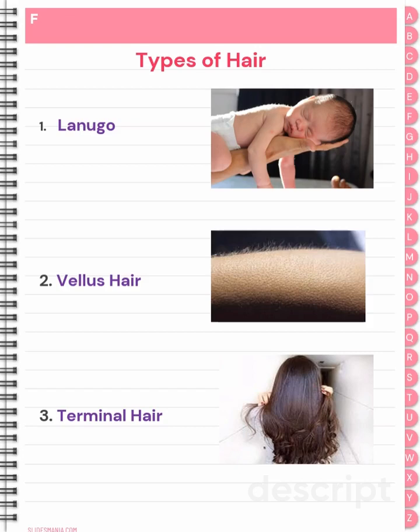It covers most of the body during childhood. Next is terminal hair. It is longer, coarser, thicker, and darker, fully developed hair. The conversion from vellus to terminal is stimulated by androgenic hormones during puberty.